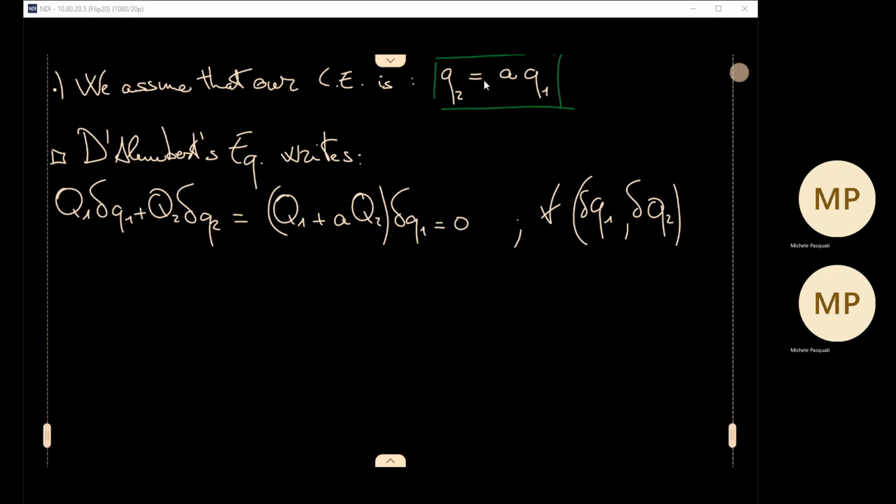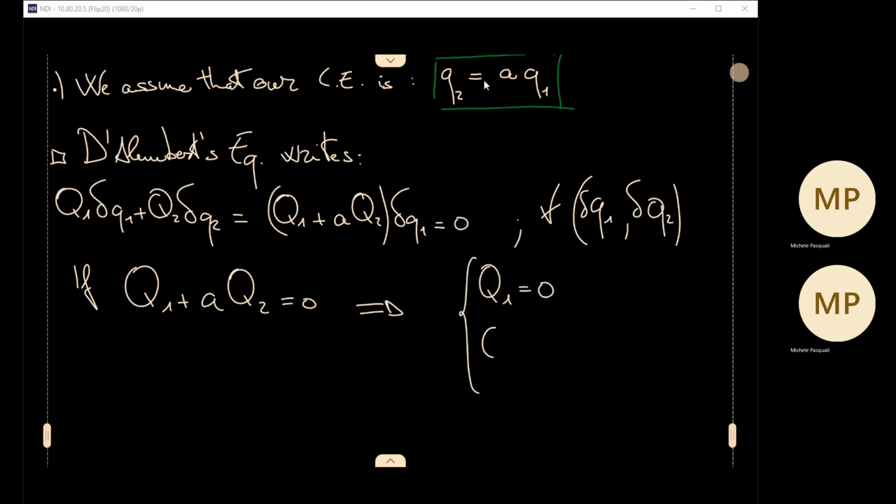But let's note that if Q1 plus A Q2 is equal to 0, sorry, this does not imply that Q1 is equal to 0 and Q2 is equal to 0. Okay? You see?